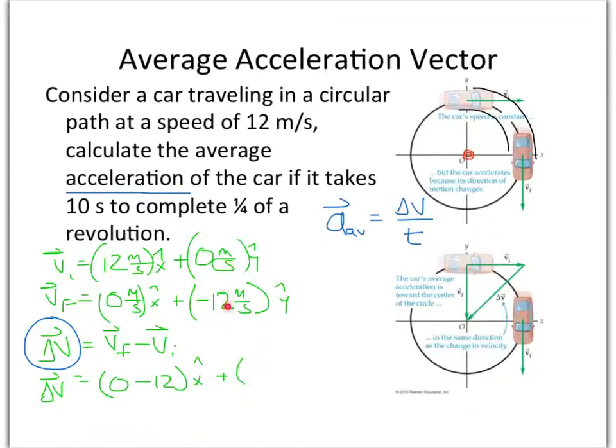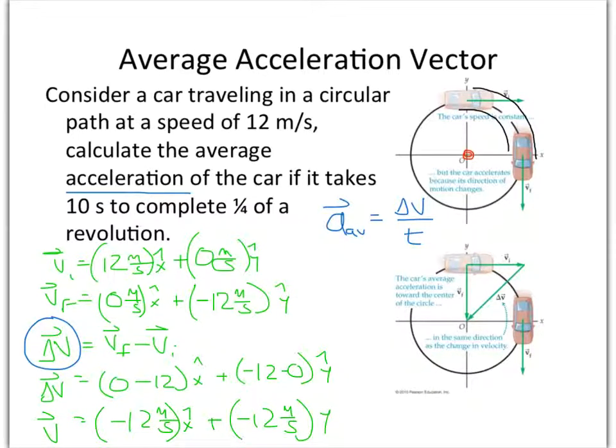So it's going to be negative 12 minus 0 y hat. Well, that simplifies pretty easily. So it's going to be negative 12 meters per second x hat and negative 12 meters per second y hat right here. Okay, so what does that look like? Well, it's going to have a negative x component and a negative y component. All right, negative x and a negative y, like that.